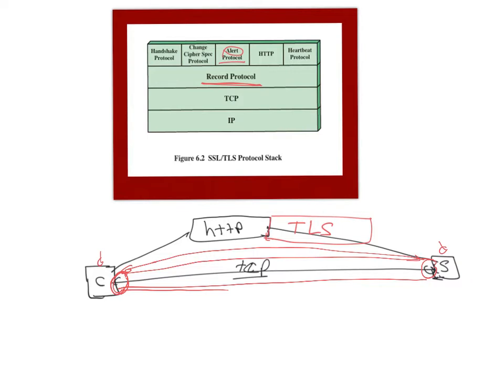So the record protocol represents this red tunnel, which encrypts and authenticates every single message inside the tunnel. And there is some control information which is maintained by the cipherspec protocol, the alert protocol, and the heartbeat protocol.